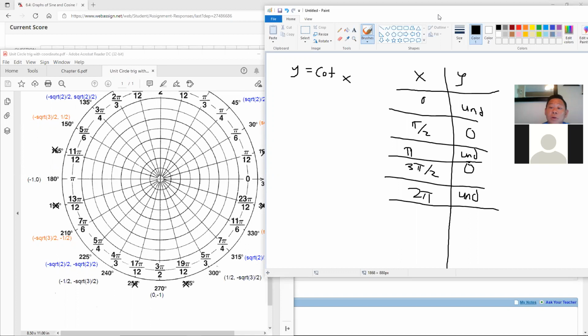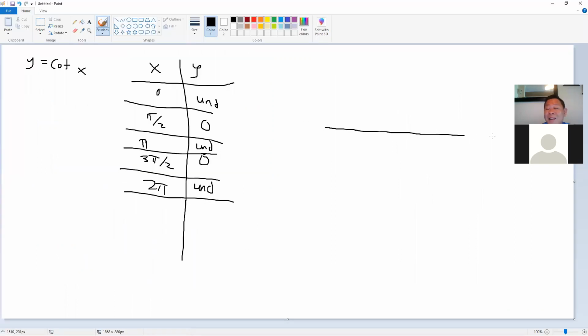And as usual, if you draw this graph, the undefined case is your vertical asymptotes. Again, we always use dashed line. So at 0, you will get a vertical asymptote on the y-axis. And then at pi, you will get another vertical asymptote.